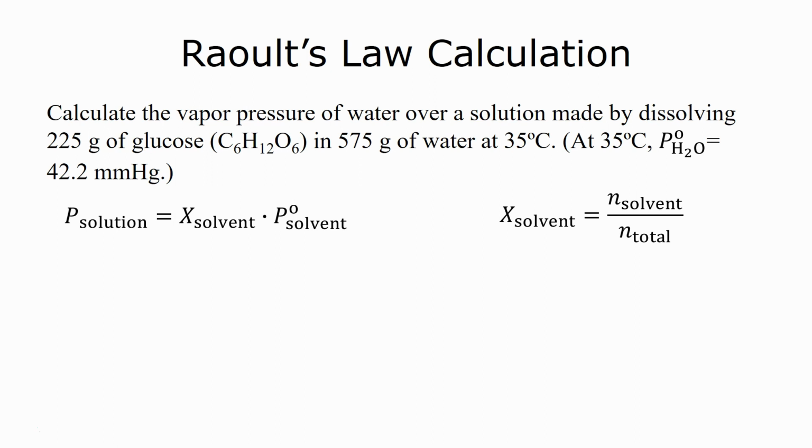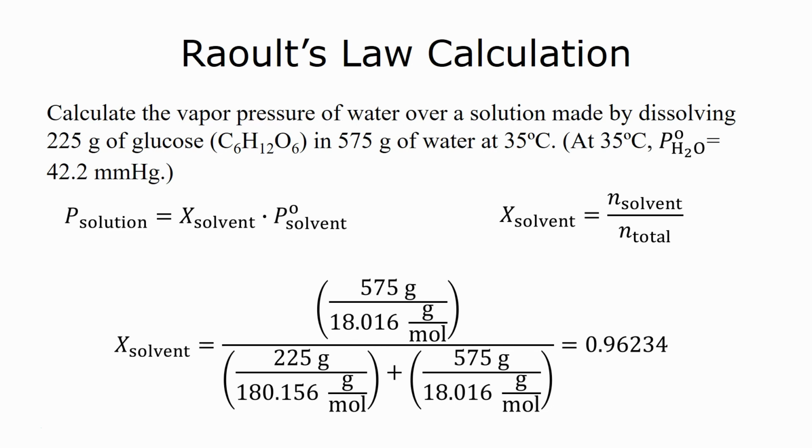Well, we've been given the mass of water. So we're going to have to convert that 575 grams of water to moles by dividing it by its molar mass. And we need to know the number of moles of glucose by dividing its mass by its molar mass. And then we need the total sum of both the moles of glucose and the moles of water. So in the end, we get a mole fraction of the solvent, the mole fraction of water, of 0.96234. Again, this is unitless.